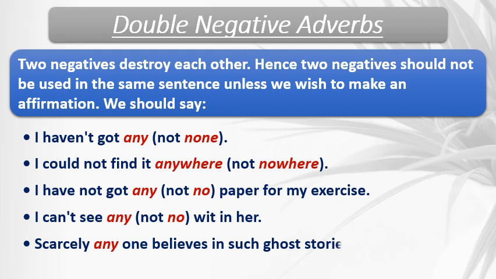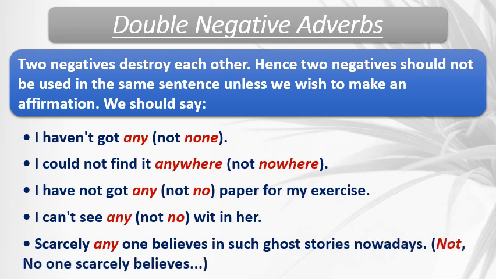Scarcely anyone believes in such ghost stories nowadays. Here the meaning of any is no one scarcely believes. So two negatives are used in the same sentence, but it is giving us a positive meaning.